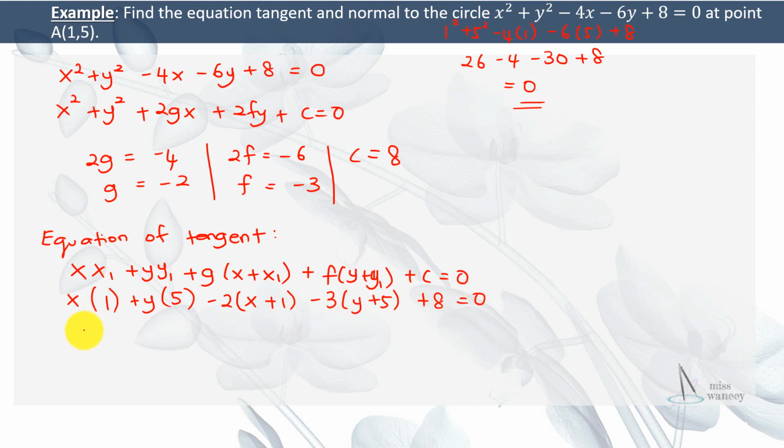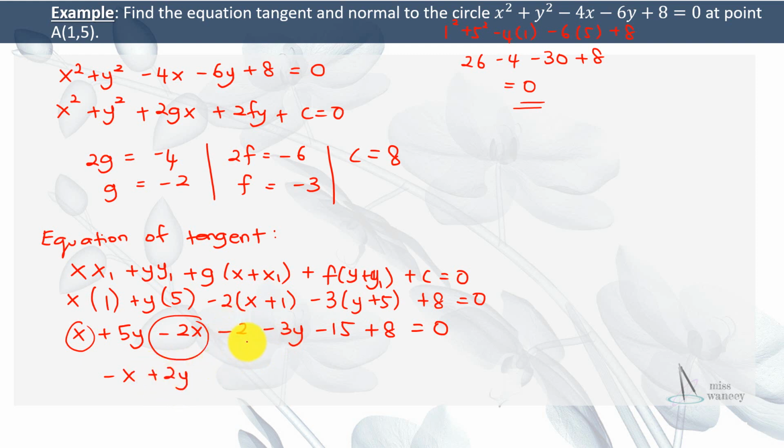Simplify a little: x plus 5y minus 2x minus 2 minus 3y minus 15 plus 8 equal to 0. x minus 2x is negative x, 5y minus 3y is positive 2y, negative 2 minus 15 is negative 17, plus 8 is negative 9, equal to 0. So this is our equation of tangent, or if you want, you can multiply everything by negative 1.